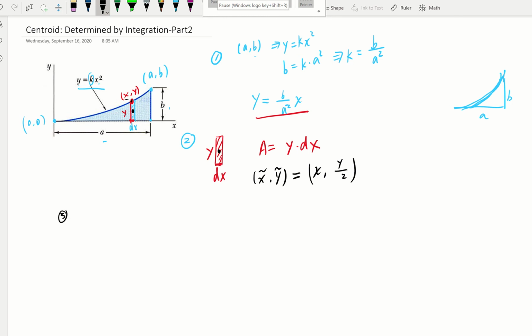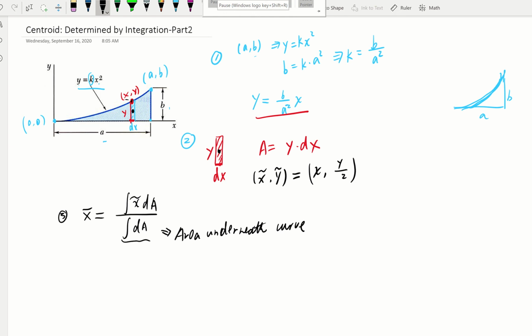So knowing that, we can go ahead and solve our x bar. Our equation says x bar is going to be the integral of x tilde dA over the integral of dA. The top one will be x tilde dA. First of all, we need to figure out our area. Basically that is the area underneath the curve, the area of this parabola.